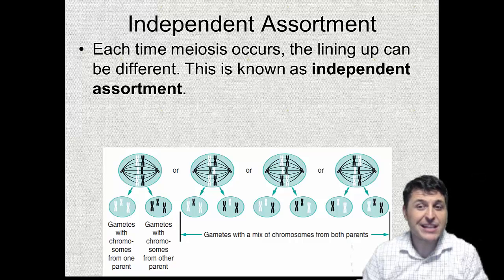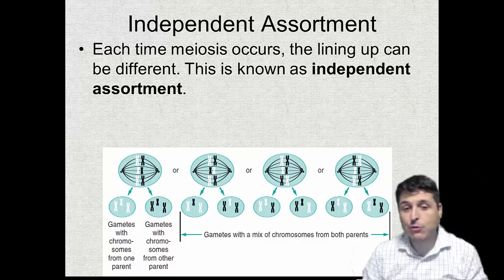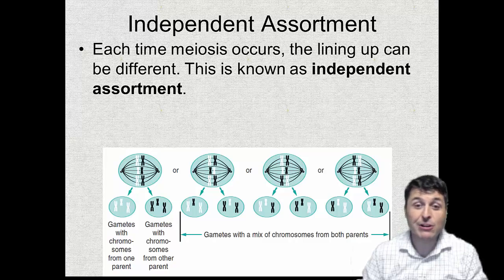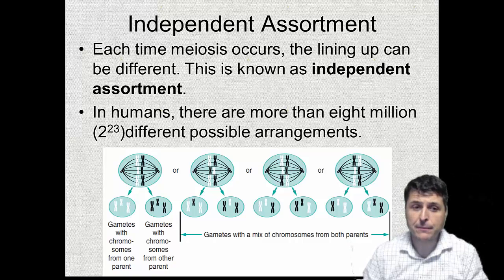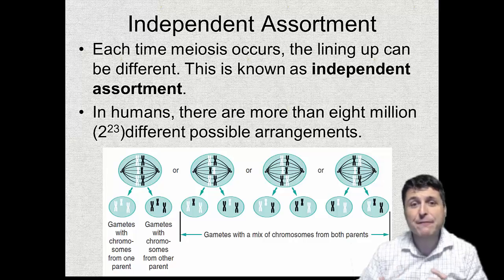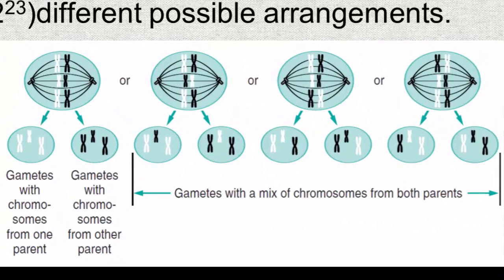This is known as independent assortment. The chromosome pairs, the tetrads, are aligning independently of one another. In humans, as a result of this, there are more than 8 million different possible arrangements. With 23 tetrads arriving at the equator, there are 2 to the 23 different possible arrangements.